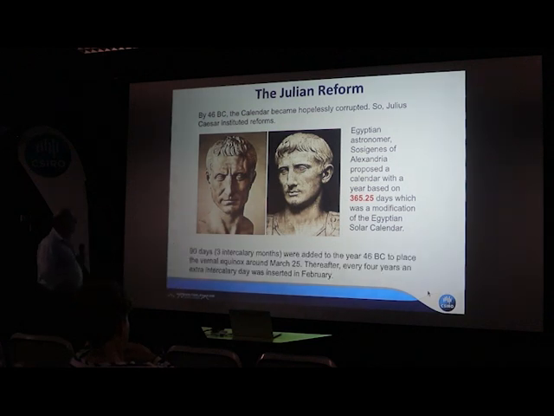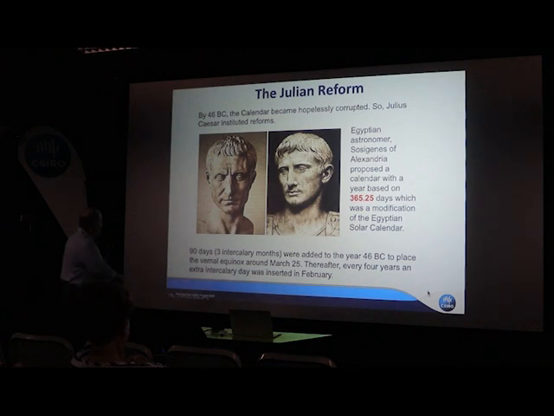They did that, and to show just how hopelessly out of whack everything was, the calendar by then was 90 days out of sync with where it should have been. So they inserted 3 intercalary months into the year 46 BC, so that the vernal equinox was put back to around March 25th, which is what it was in the Roman calendar.